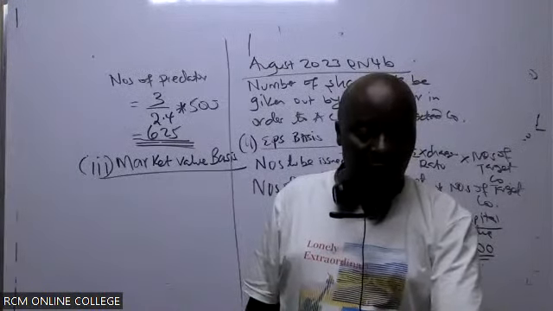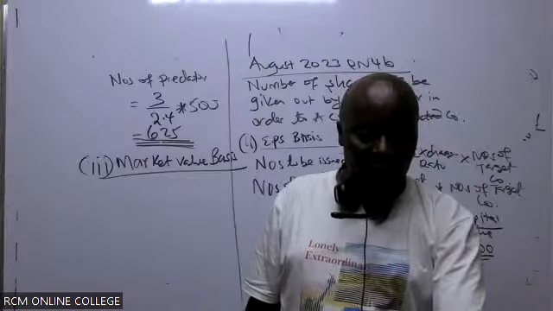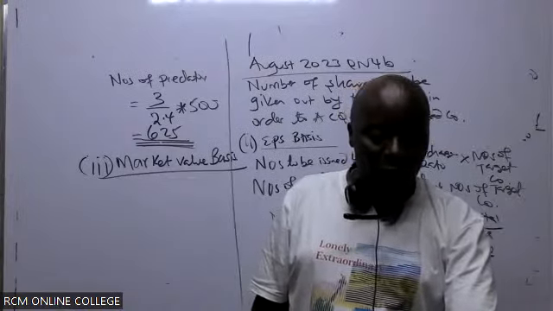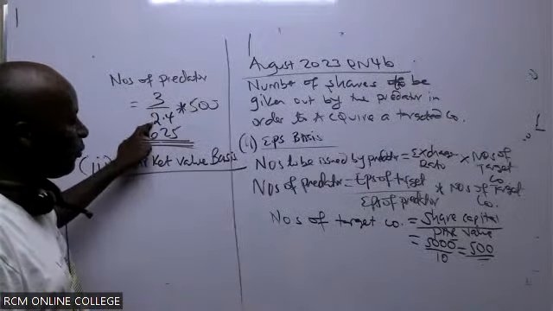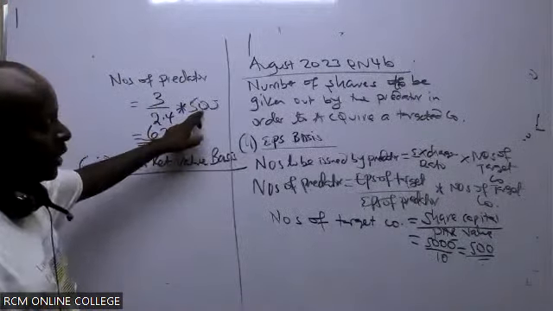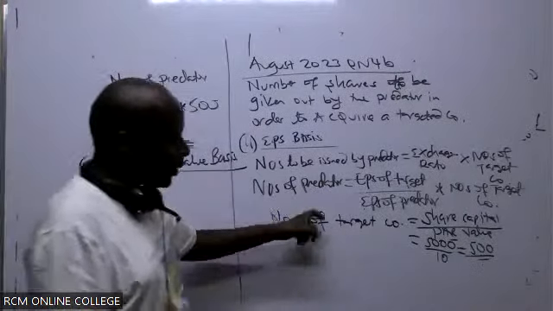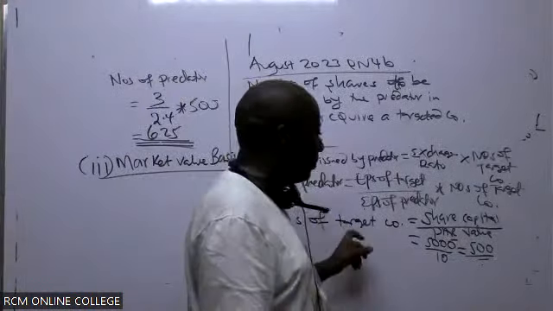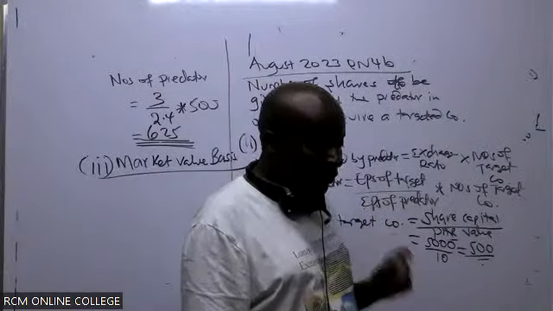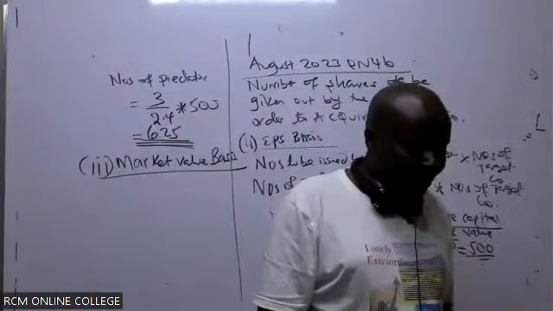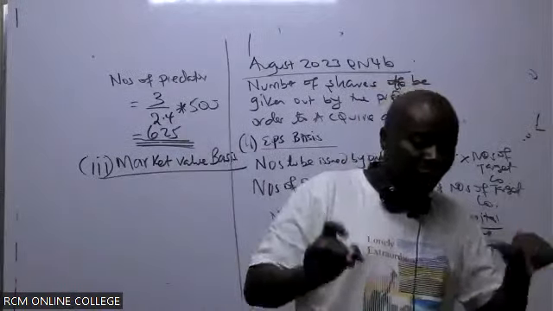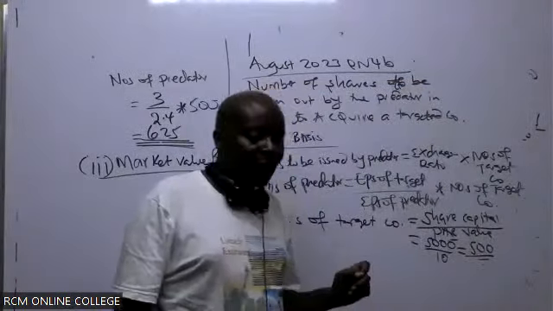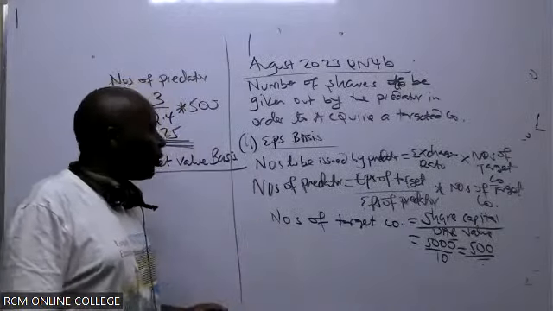Bero is 3 and Akon is 2.4. That's how we got the exchange ratio, 3 and 2.4. And we obtained this 500 by taking the number of shares of the target company: in the first table, the balance sheet, the ordinary share capital of Bero is 5,000. We divide by the par value there, which is shillings 10. I hope that is helpful.